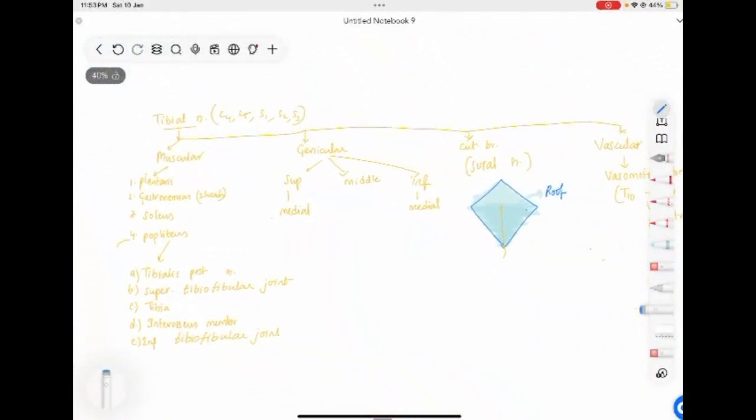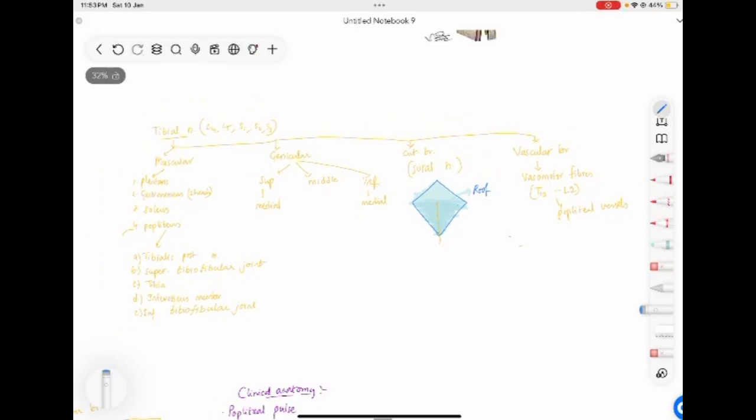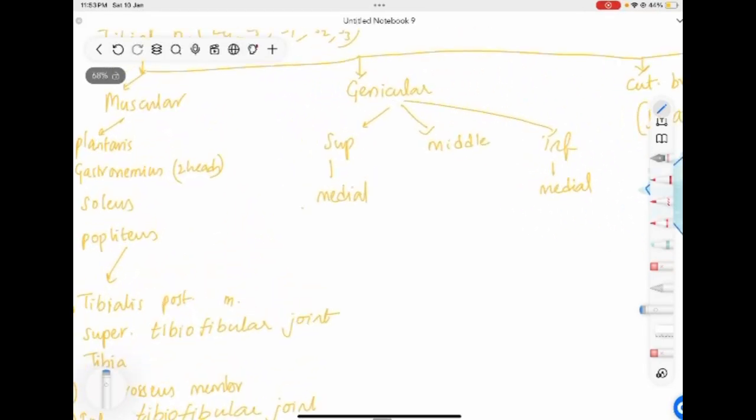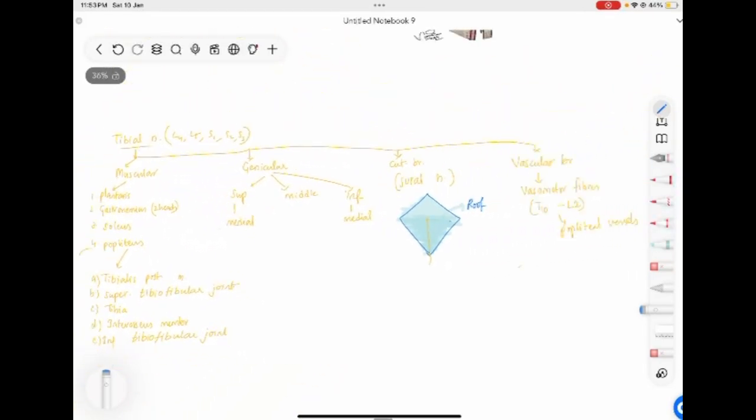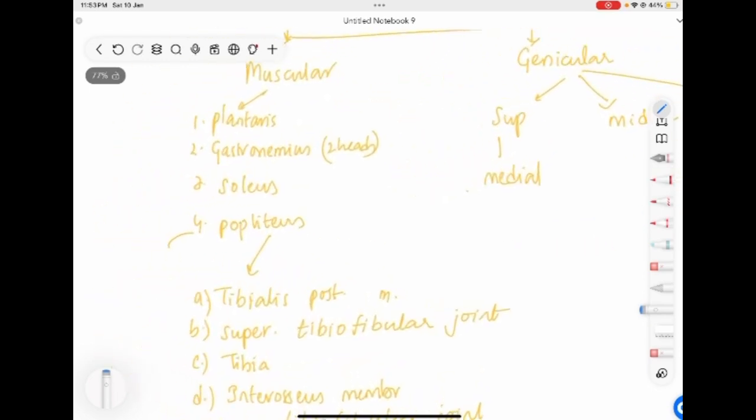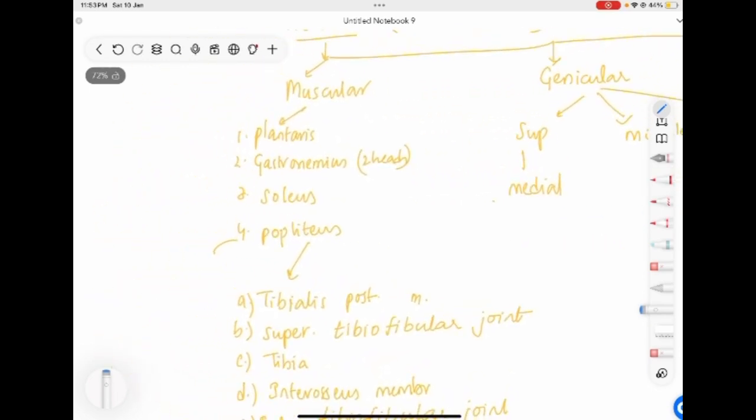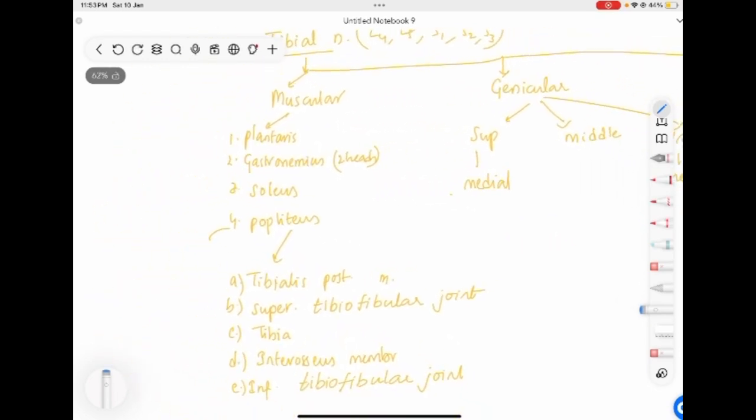Now let us go to the tibial nerve. There are basically 4 branches: muscular, genicular, cutaneous, and vascular. Under each we have some things to note down.